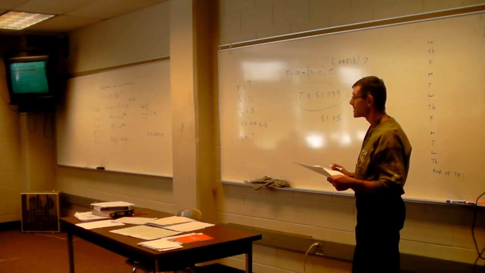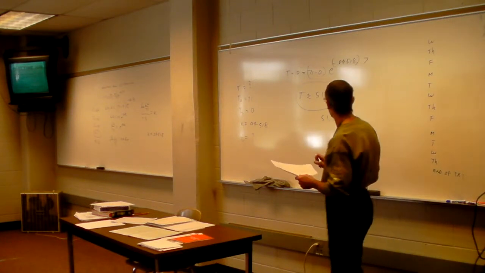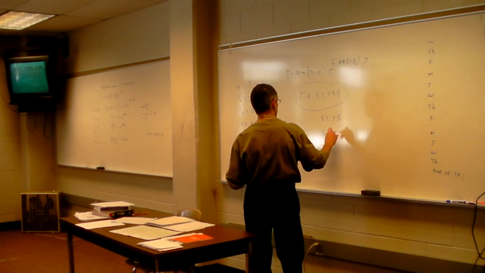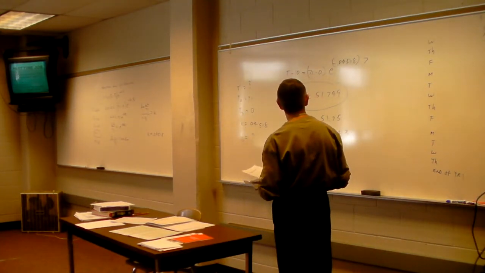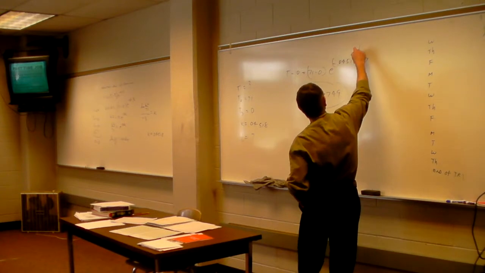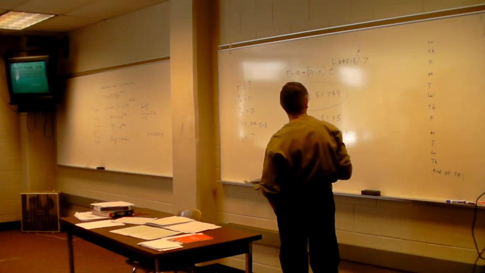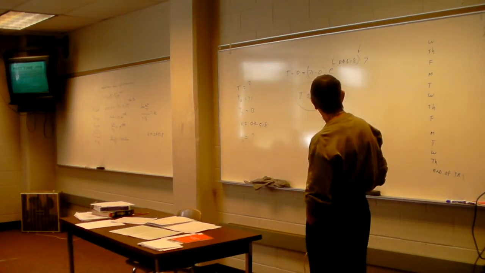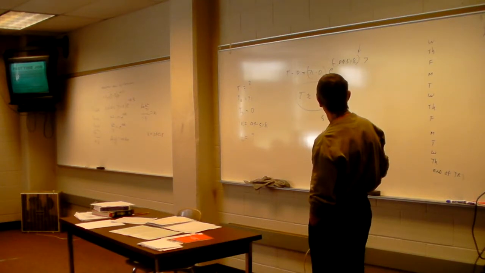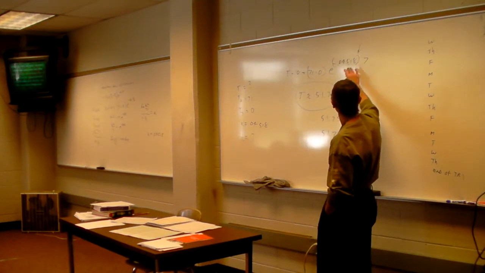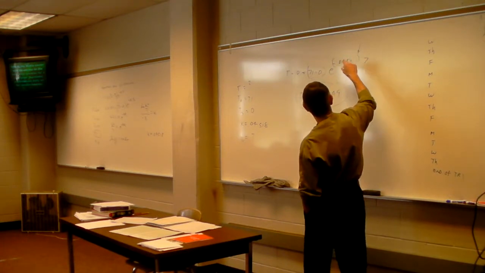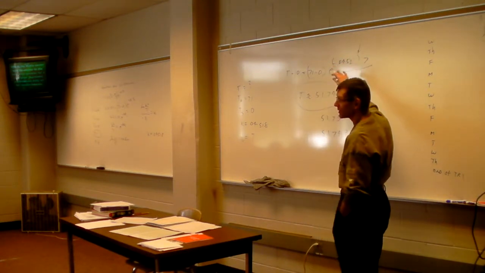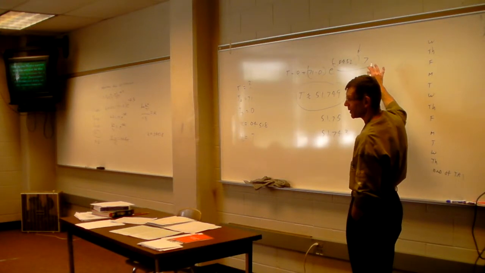Would they accept if you got 51.743? 51 point what? 743. It's really close, it depends on where you rounded. Yeah, because I went one decimal place shorter. My suggestion is carry this stuff out as far as you can.